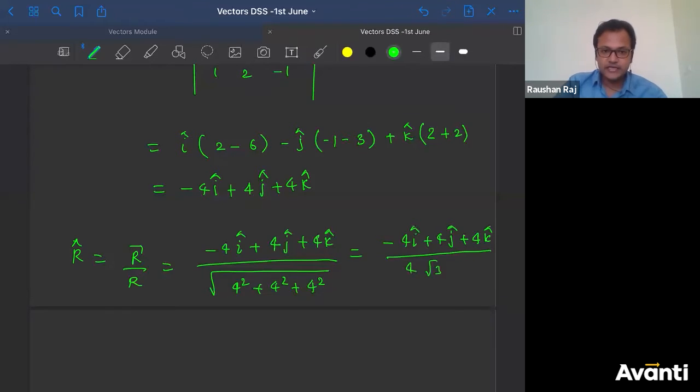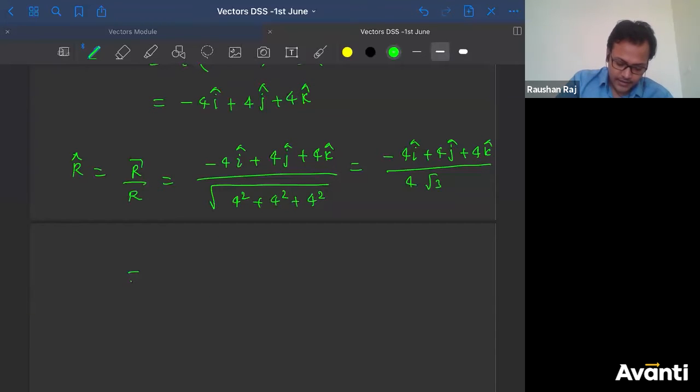The 4 cancels. So the correct answer is 1 by root 3 into minus i cap plus j cap plus k cap.